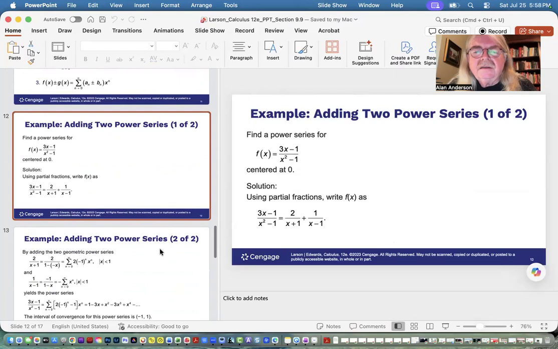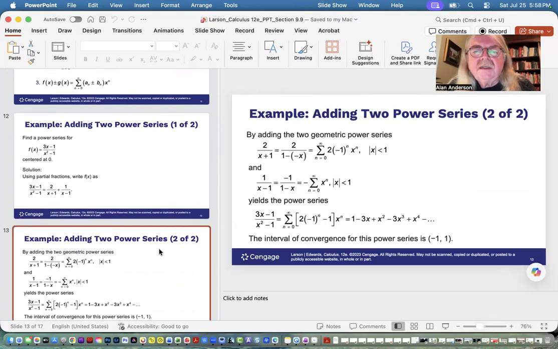And when they do that, you can see how this turned out. They're converting it into A over 1 minus R. And we end up with this result down here. And then that gives us a radius of 1 and a center of 0.